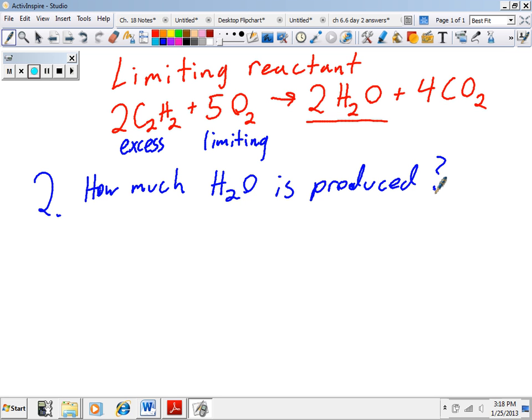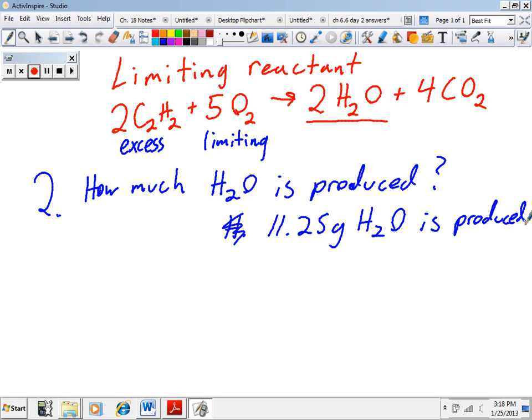And from the previous screen, it was 11.25 grams of H2O is produced. We don't use the 17.3 grams that we got from the C2H2 because that's the excess reactant.